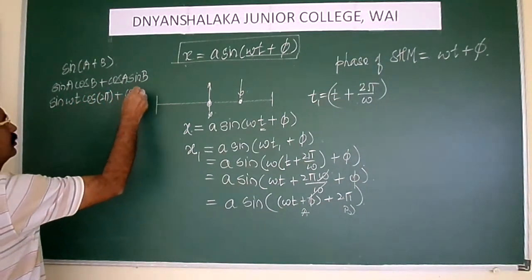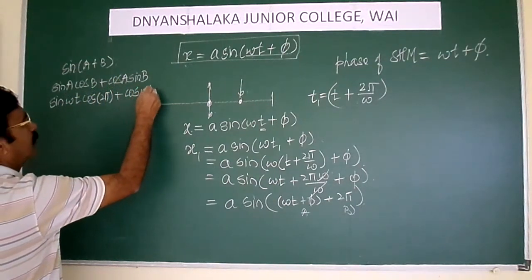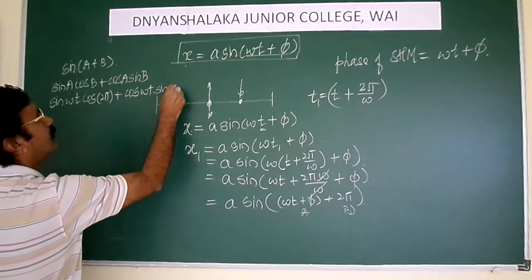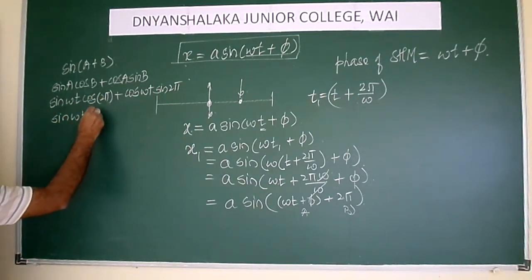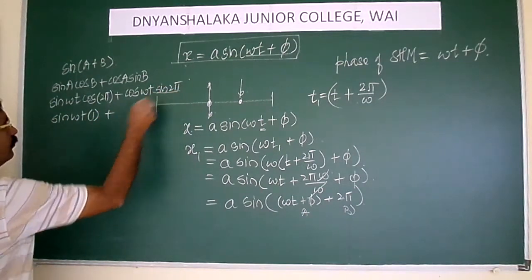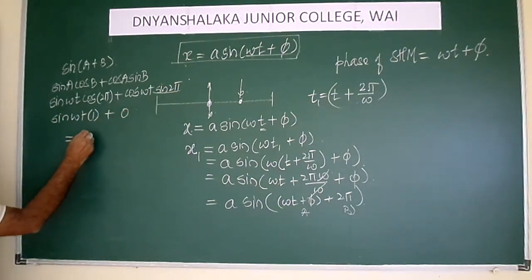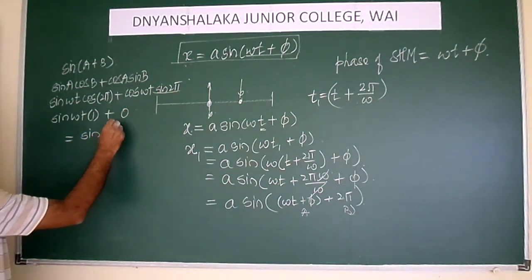Then we know the values: cos of 2 pi is 1 and sine of 2 pi is 0. So it comes to be sine of omega t.